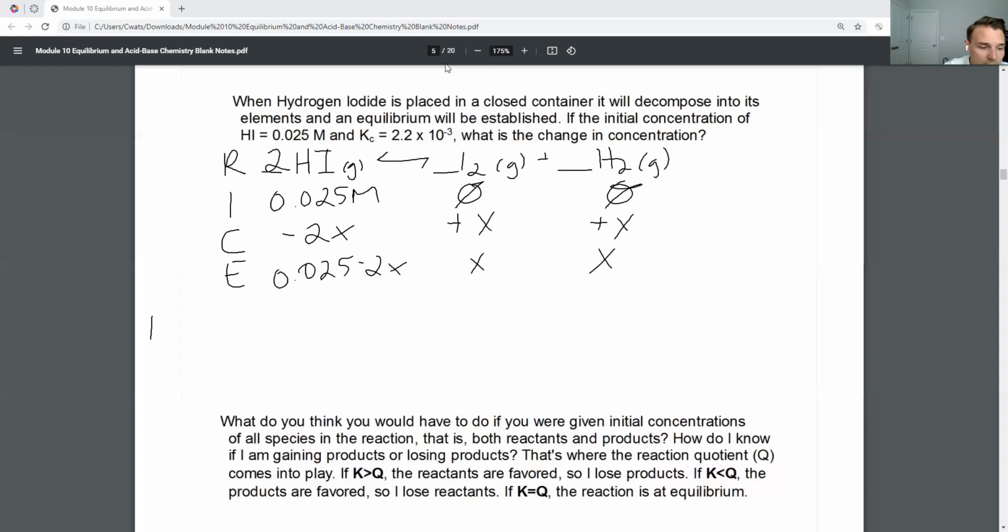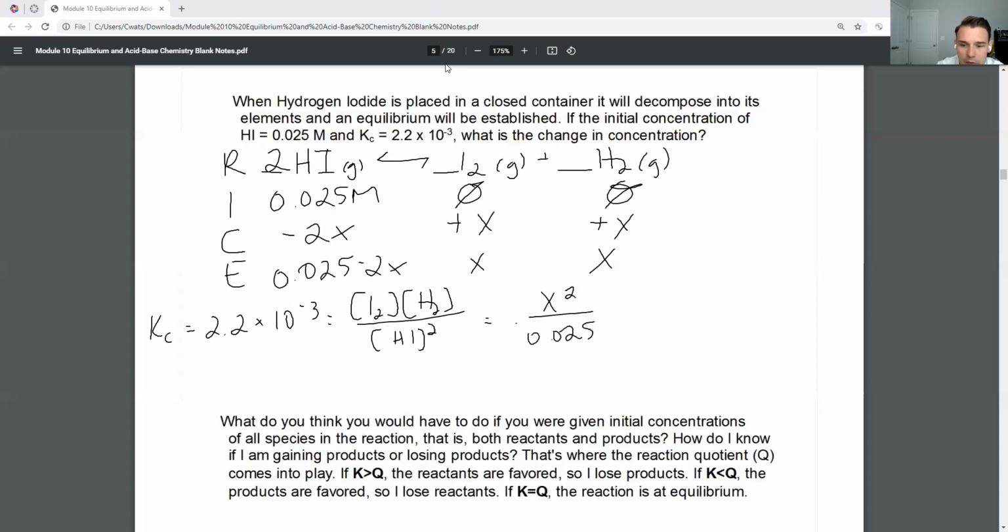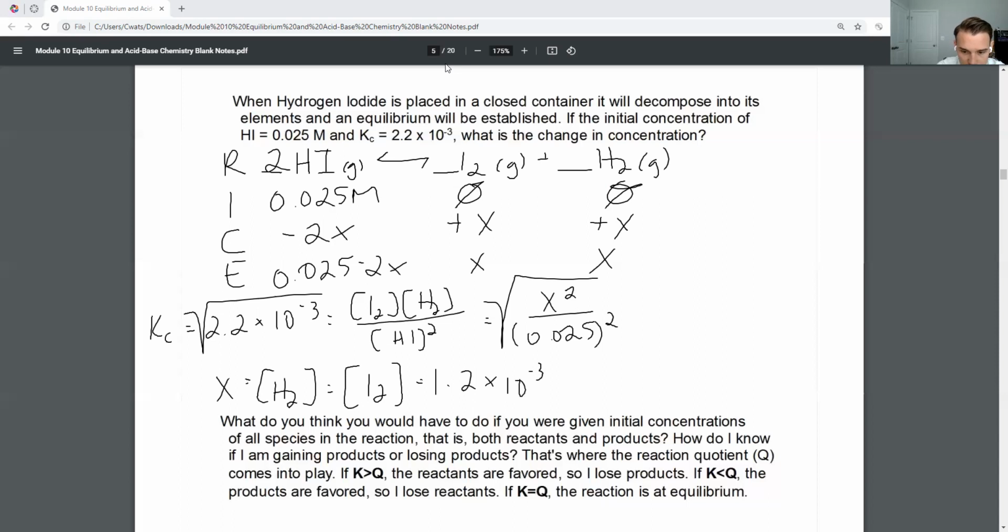So let's see, my Kc, which is 2.2 times 10 to the negative third, is iodine, hydrogen over HI squared, which is x squared over 0.025 squared. Square root this, square root this. I'm just going to skip a couple of steps here. X, which will equal the concentration of the hydrogen, which will equal the concentration of the iodine, is going to be 1.2 times 10 to the negative third molar.